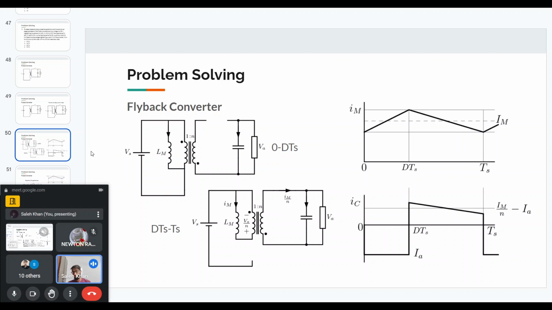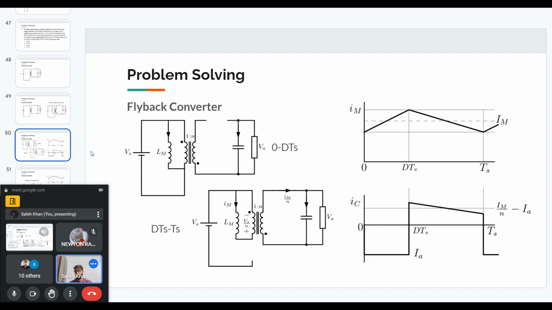Based on the transformer turns, the flyback will reduce the voltage, and it will be controlled in such a way that we get the required regulated output voltage. So that is one application of the flyback converter. In general, it is used for low power applications where we require isolation.